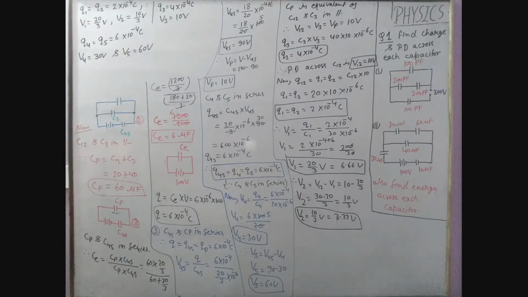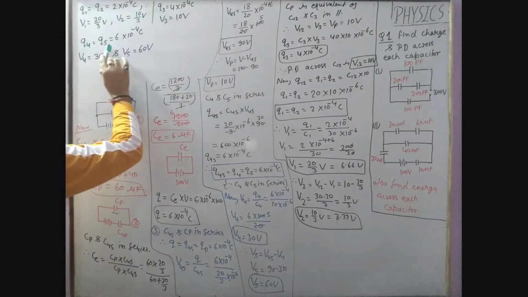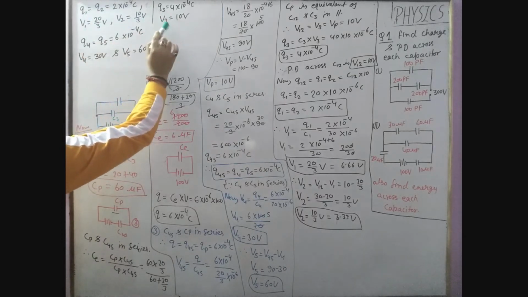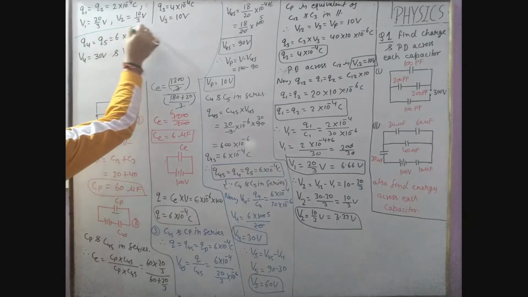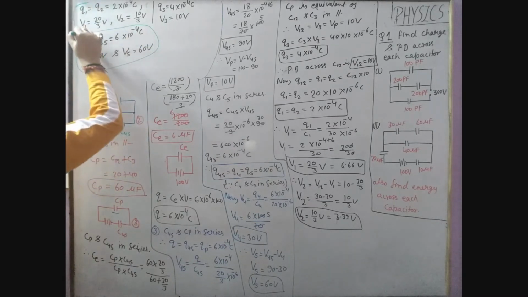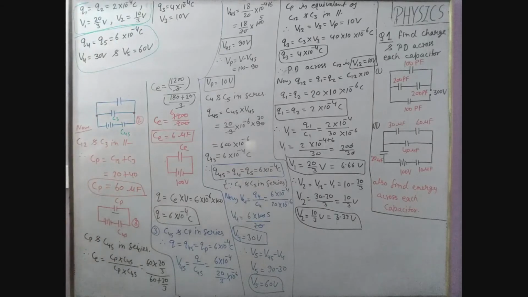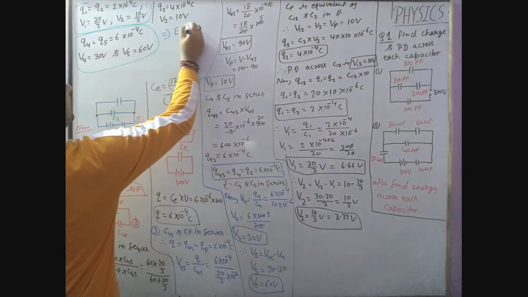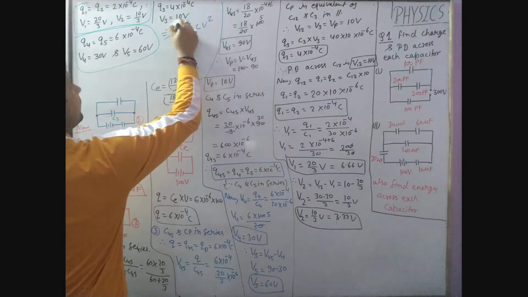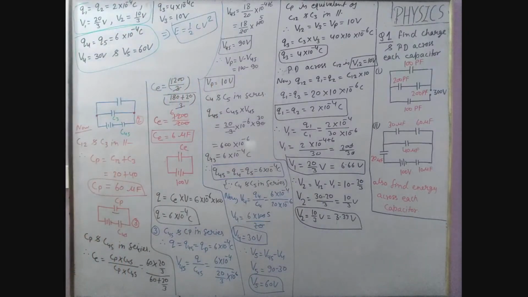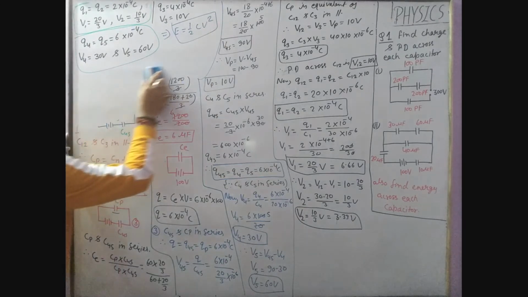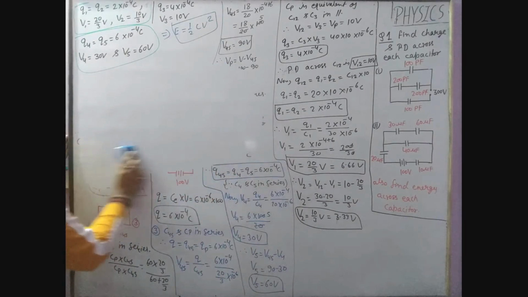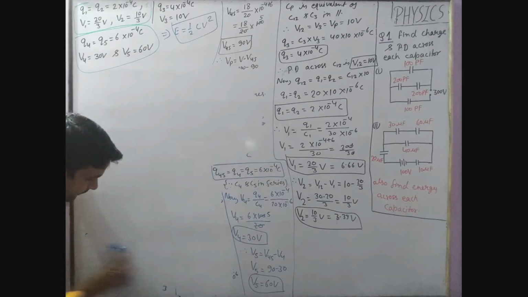Okay, now Q1, Q2, Q3, Q4, Q5, V1, V2, V3, V4, V5 are done. Now the energy is equal to half CV square. This gives the result for the energy. Now we calculate the energy across each.